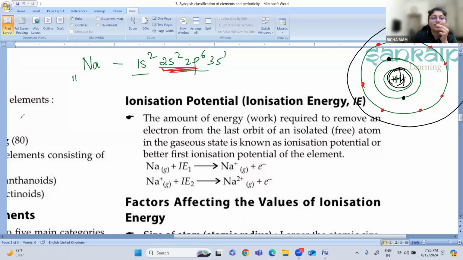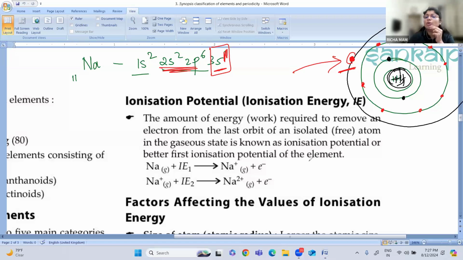How many electrons are there? 1 electron. So easily the electron can be removed from the outermost shell because only 1 electron is present. The energy required to remove this electron from an isolated gaseous atom is called the ionization potential.